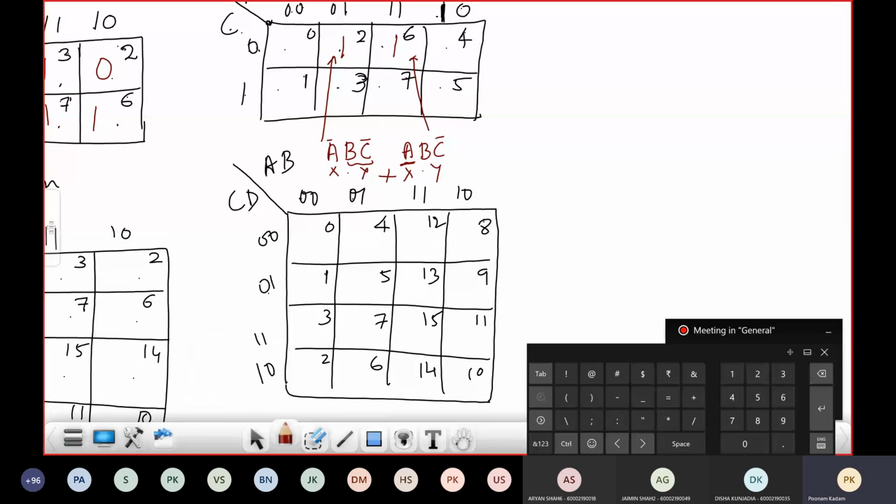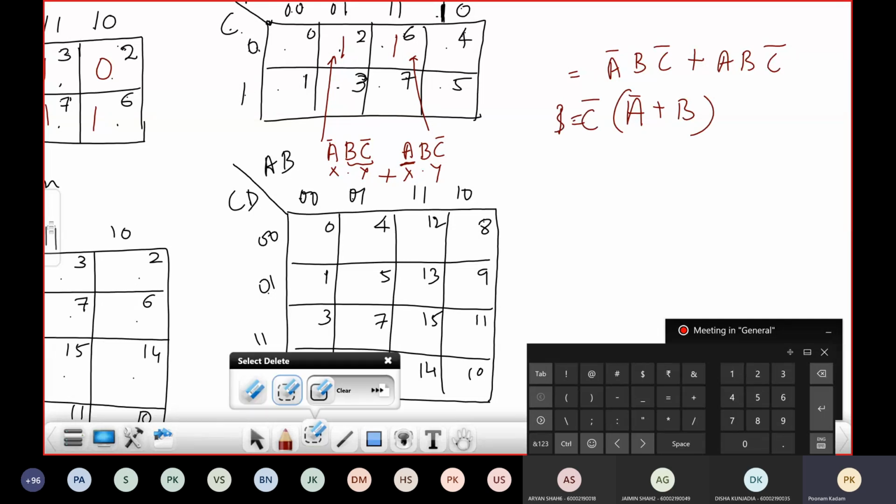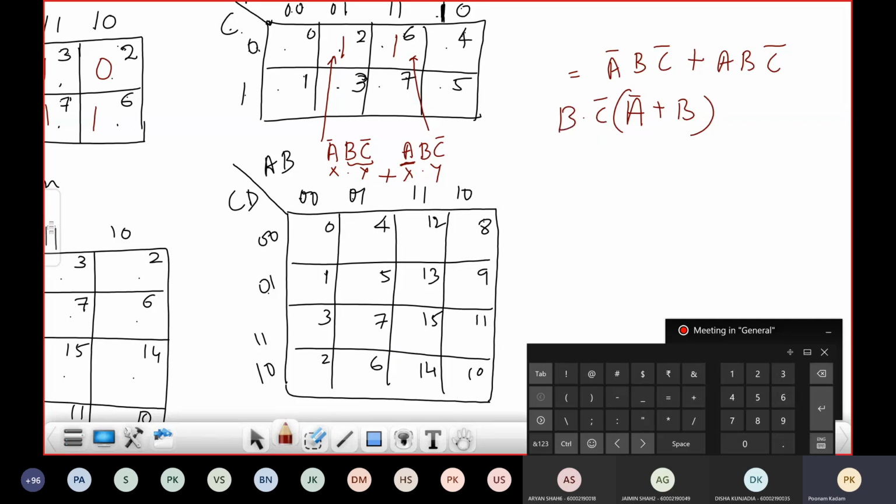If you simplify this expression, forget about K-map. If the expression is given like this, A bar B C bar plus A B C bar, you can apply the combining theorem here, right? You have B dot C bar common, and A bar plus A is left, which is 1. Sorry, I wrote B. A plus A bar is 1. So that's why you get B dot C bar.